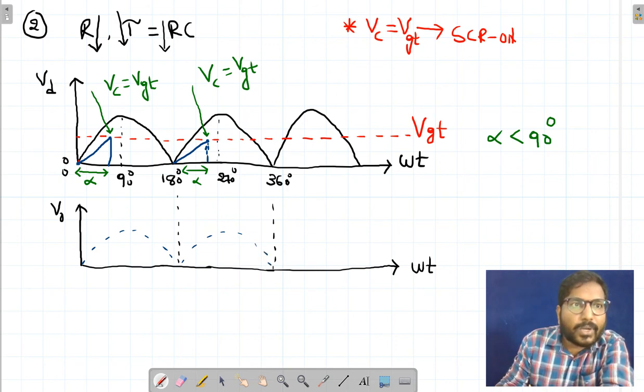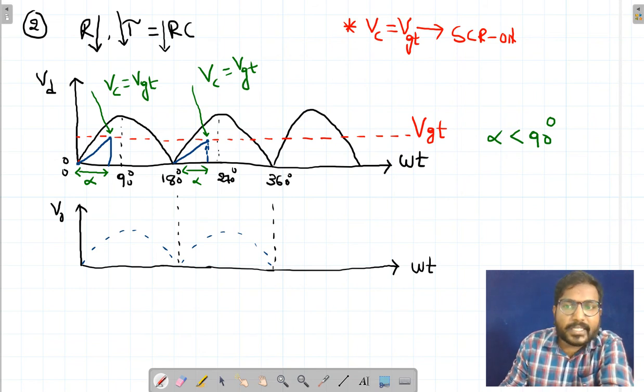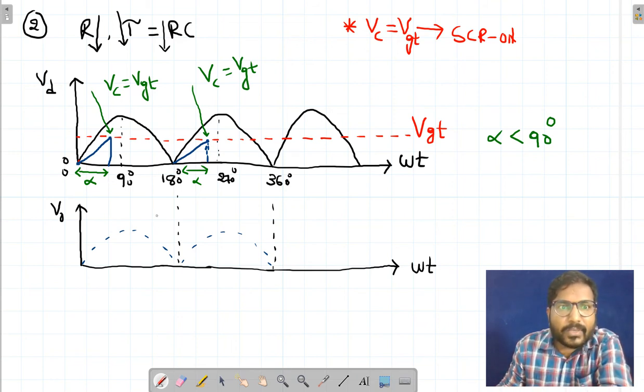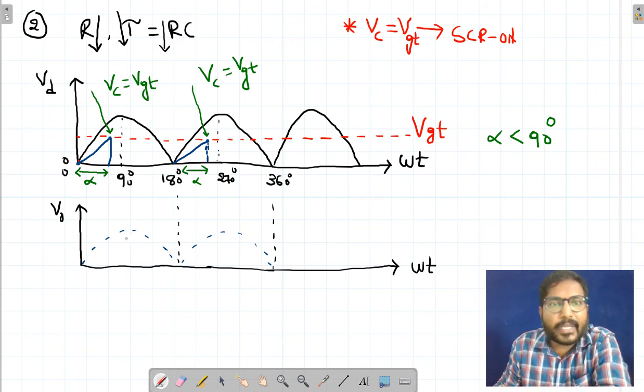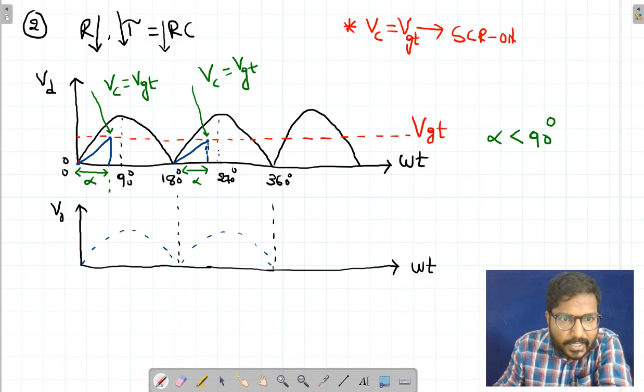I already told you at what instant the SCR is triggered. From there, whatever voltage is available, the input voltage to the load, that is VD, is simply fed across the load. At this instant the SCR is triggered. From here, whatever VD is available is simply fed across the load. This pulse.